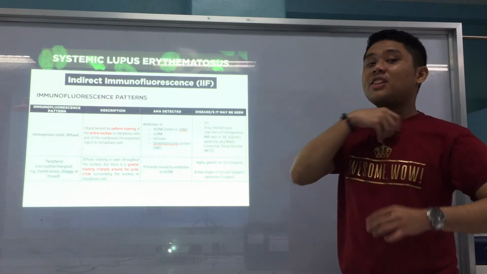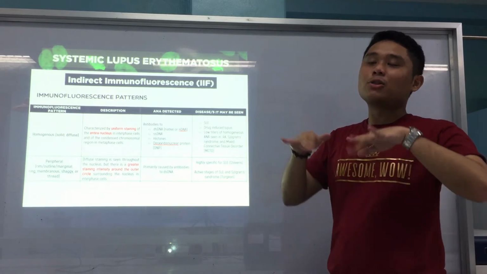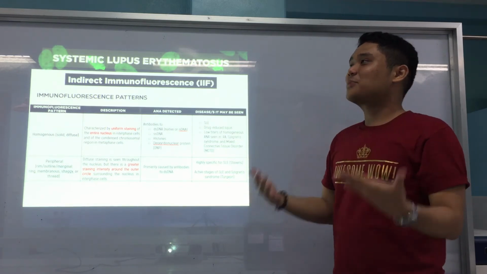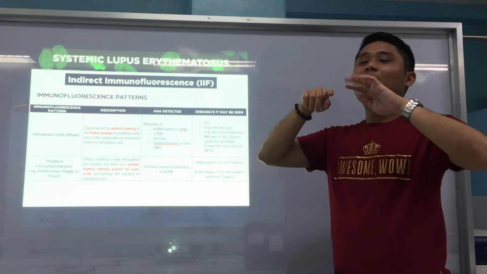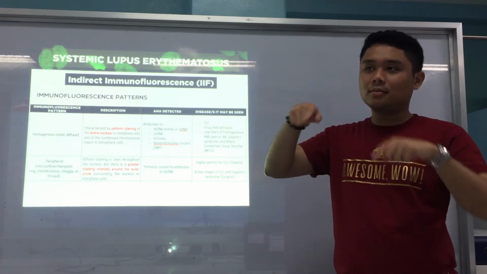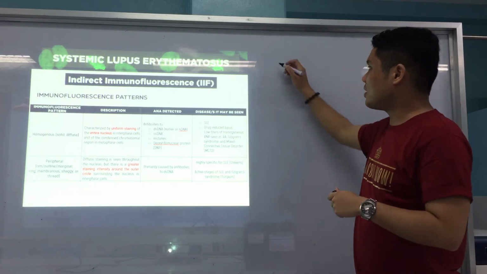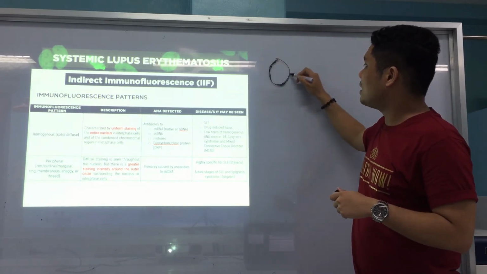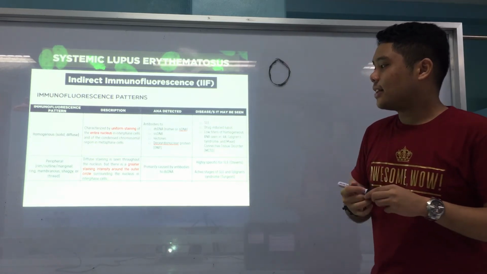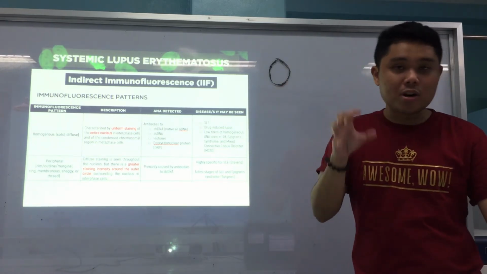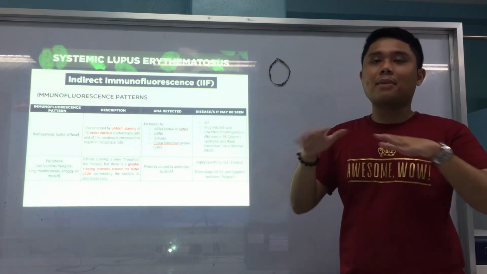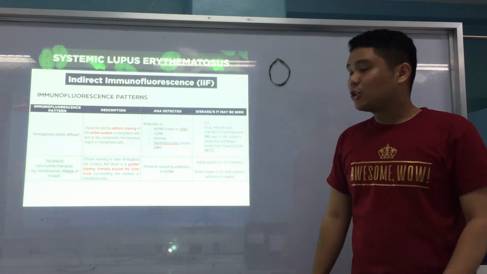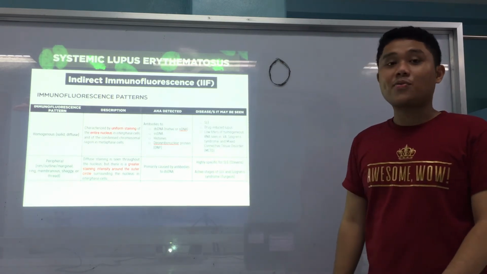By the name itself, peripheral, it is at the rim, at the outer part, at the sides. For example, this is the nucleus, and the staining is at the rim, at the periphery. There is still diffuse staining in the nucleus, but there is greater intensity, meaning it is more fluorescent at the sides, as an outer circle surrounding the nucleus in interphase cells.